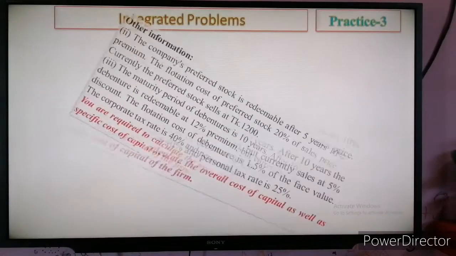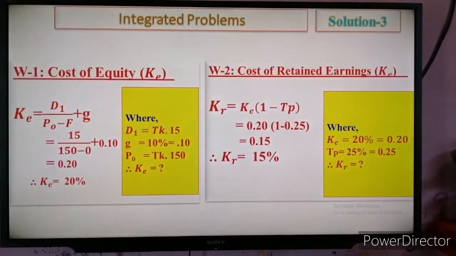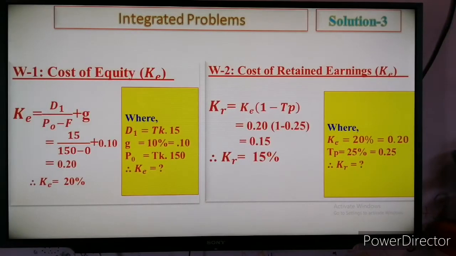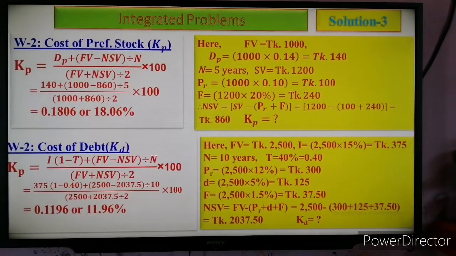Let's see the solution, how we solve it. Cost of retained earnings is highly related with the cost of equity, so they are joined together, but I am going to solve the preferred stock.